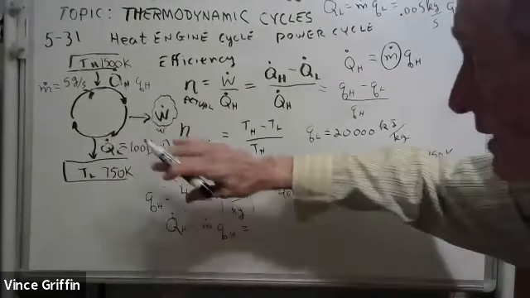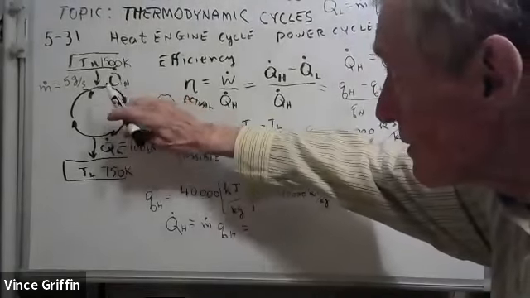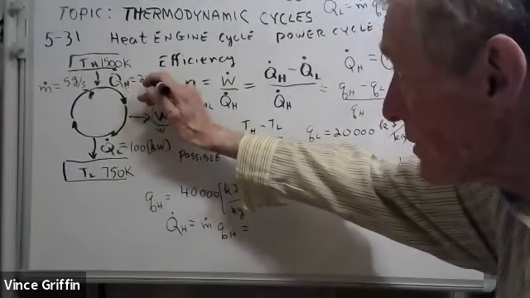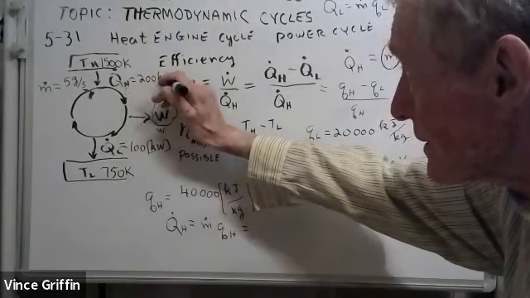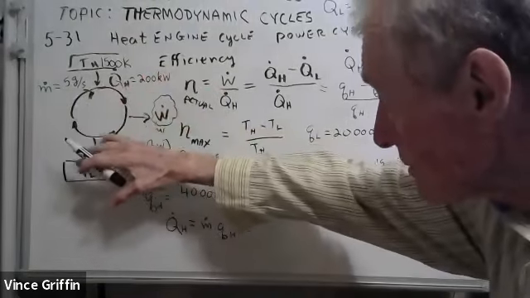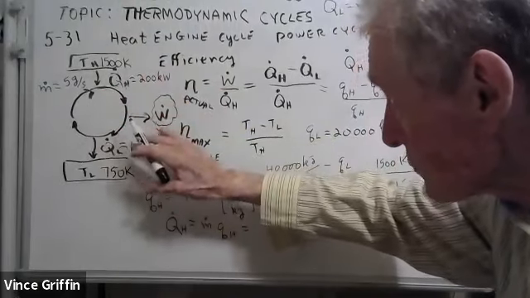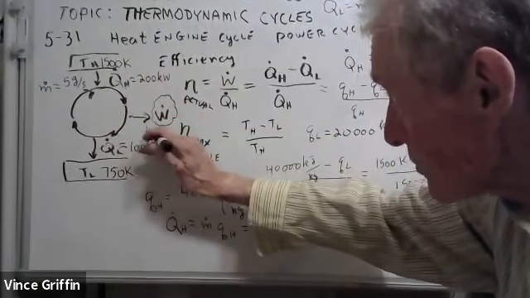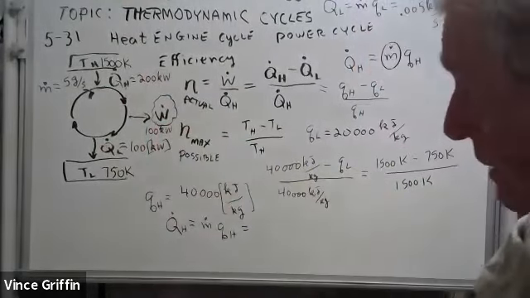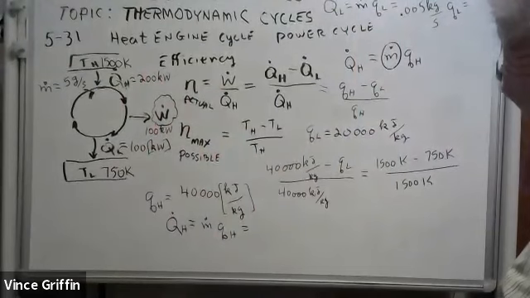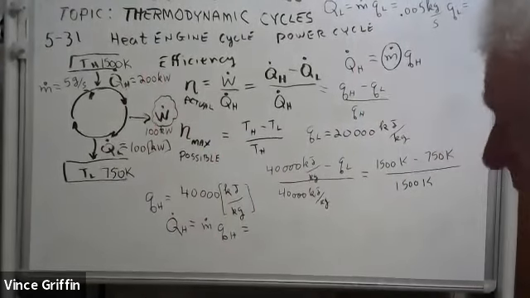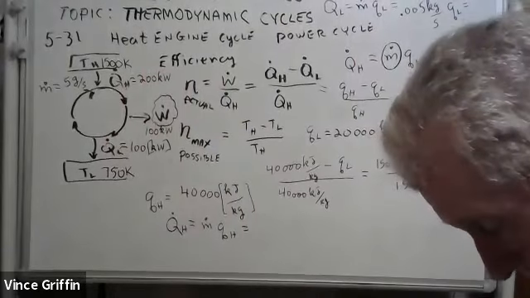I got 200, guys. This QH dot here is 200 kilowatts. Okay, 200 kilowatts come in, 100 comes out this way, and guess what this has to be? It has to be 100 kilowatts. This is a big engine, isn't it? And I think we're done. 531.